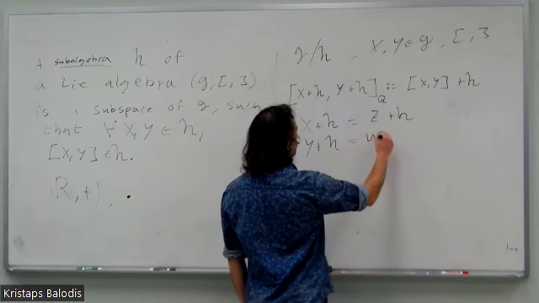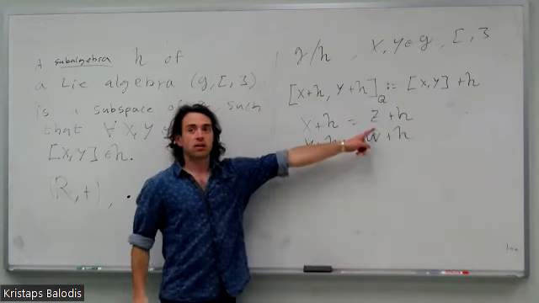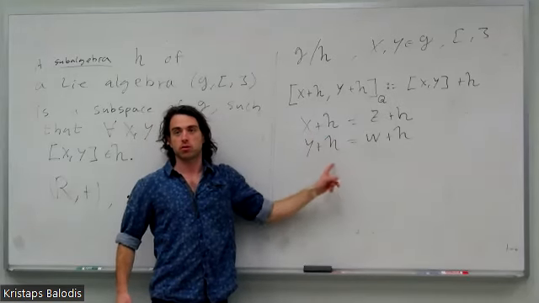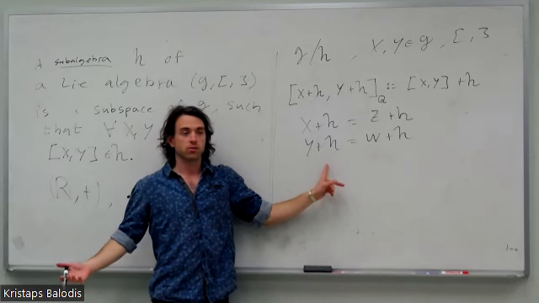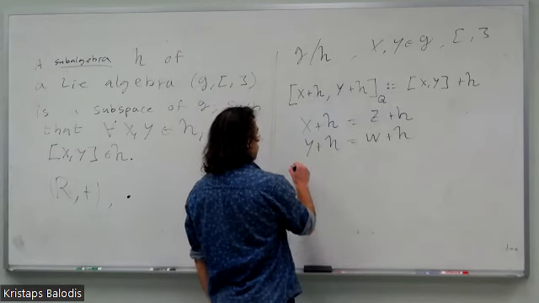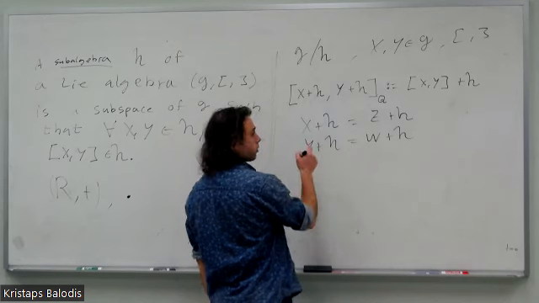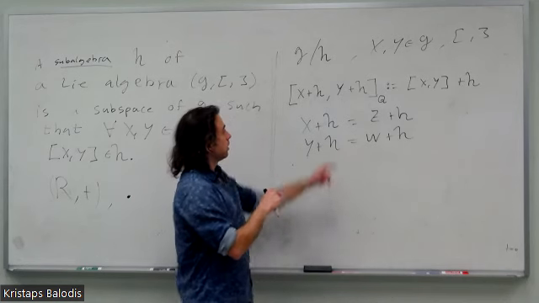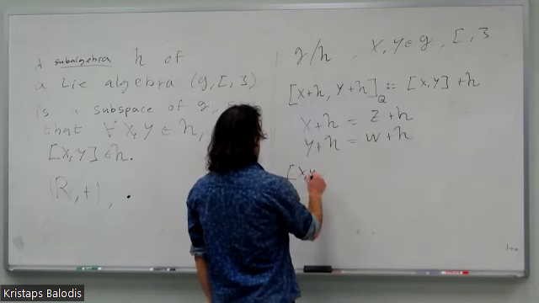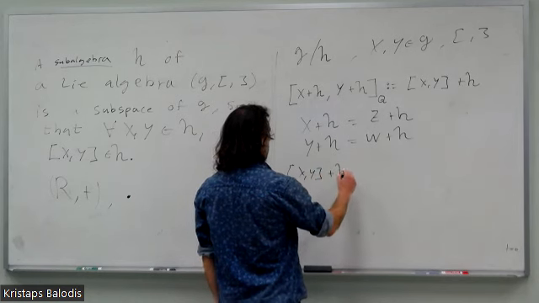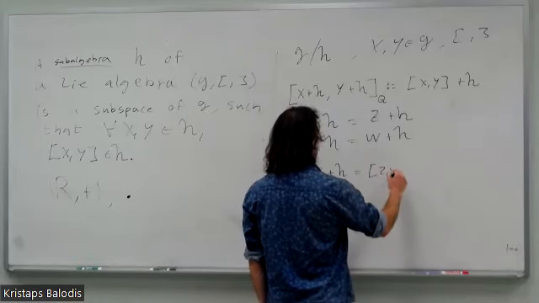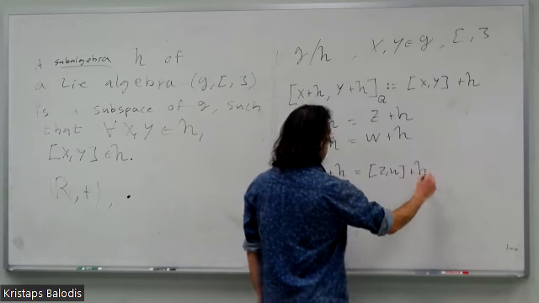Suppose that you have some Z that's a potentially different representative of this equivalence class, and some W that's a potentially different representative of the equivalence class Y. Then what would have to be true in order for these things to be equal? Well, you would need the condition that xy plus h is equal to zw plus h.